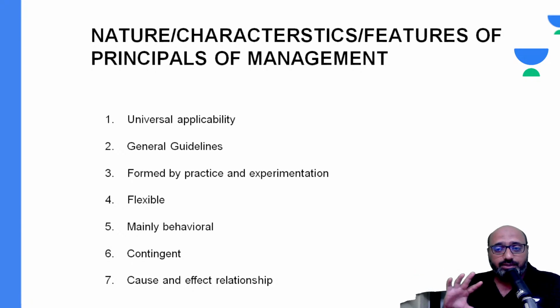They are universally accepted and applicable, very general guidelines, formed on the basis of practice and experimentation. There is flexibility in it, and mainly human behavior is involved. That's the reason principles are made, because a lot of human behavior is involved. It is contingent and dependent in nature, and also has a cause and effect relationship.